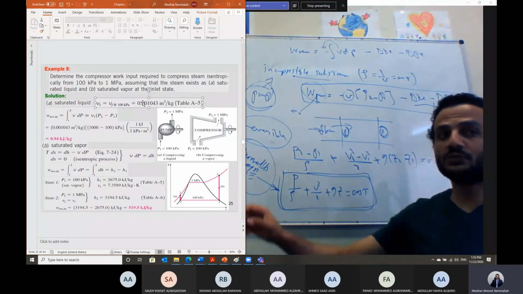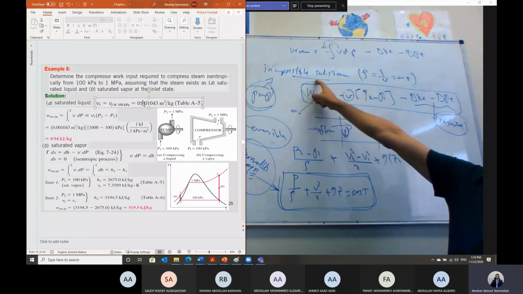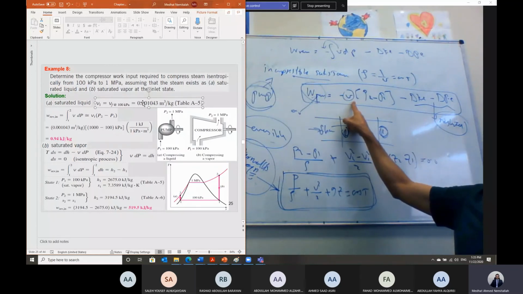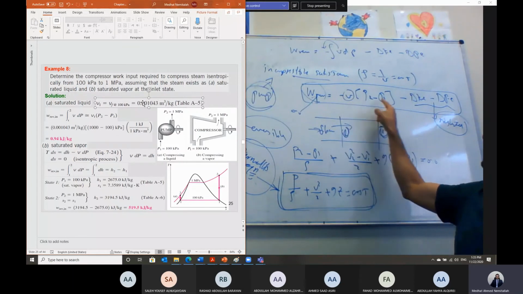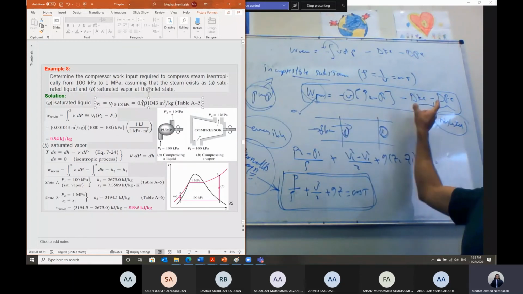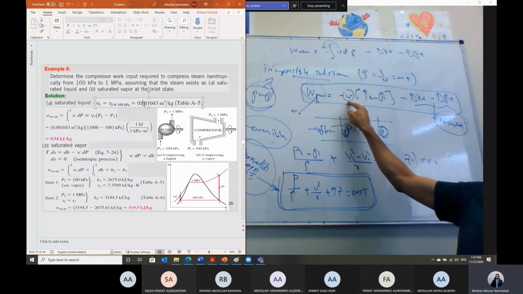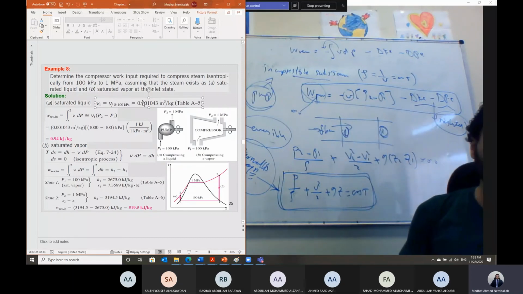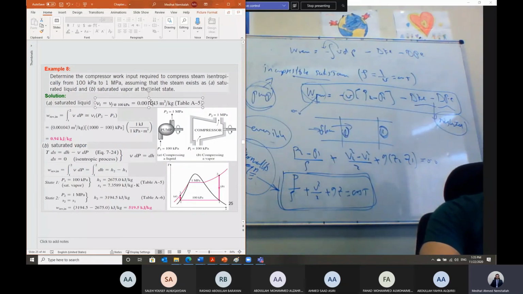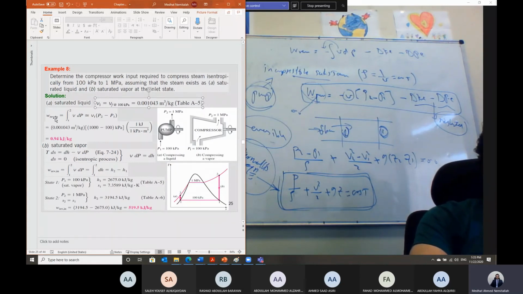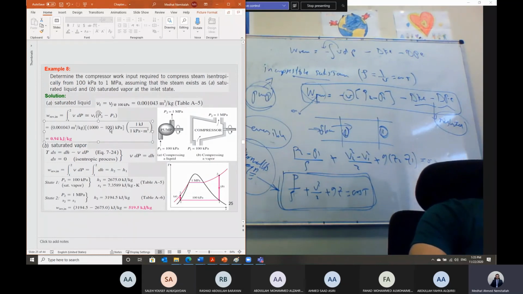But we said, guys, in the case of an incompressible substance, which is the case of a pump with liquid water, the specific volume will be constant. Neglecting kinetic and potential energy, that means the reversible work will equal the specific volume multiplied by the pressure difference. The specific volume I got at state 1, saturated liquid at this pressure, then the work required to drive this pump is equal to the specific volume multiplied by what? P2 minus P1.